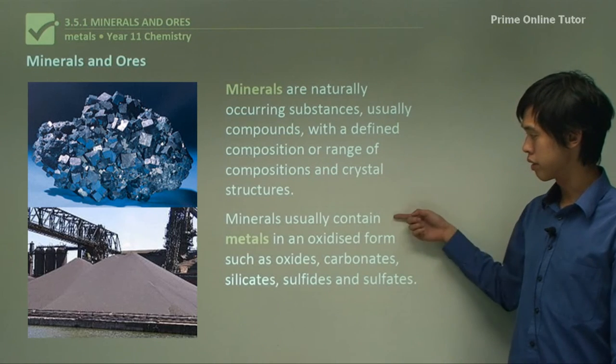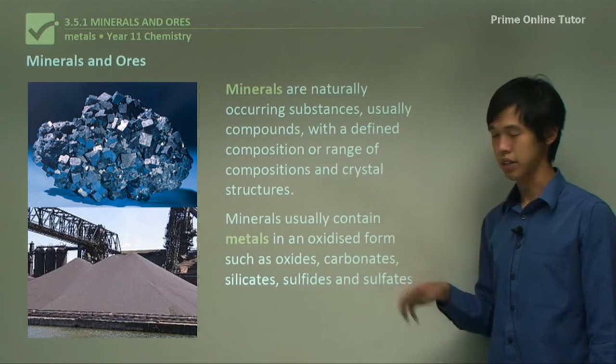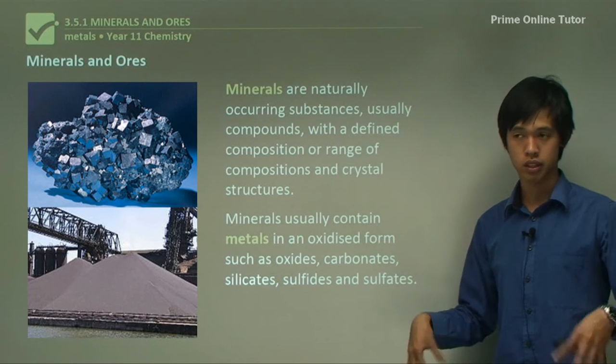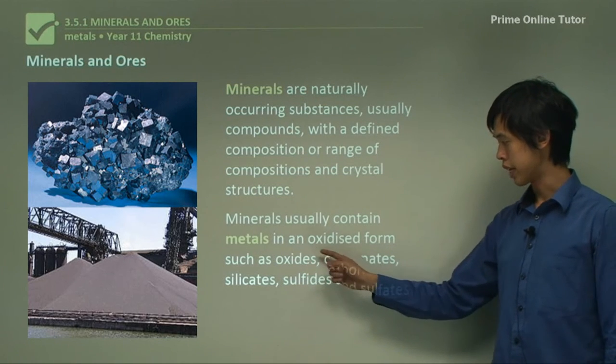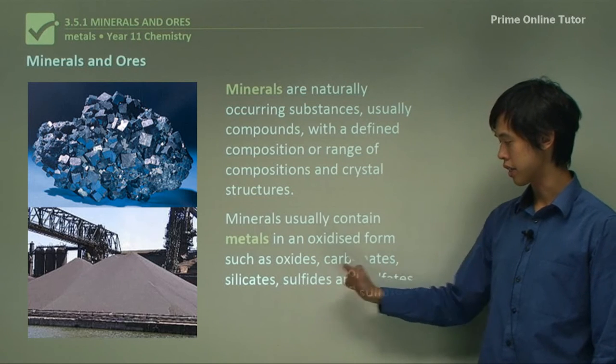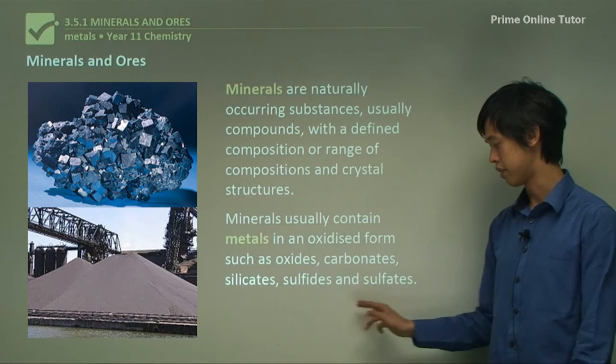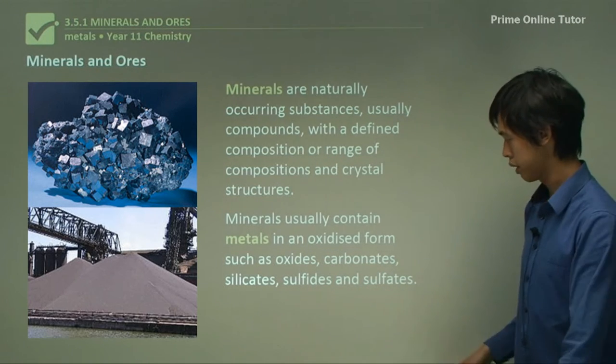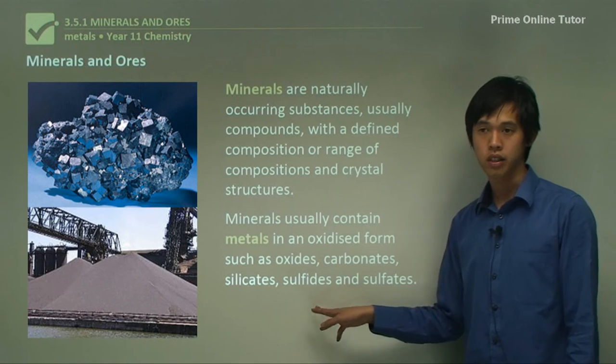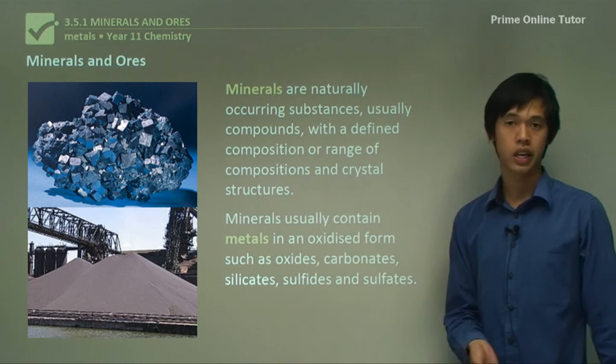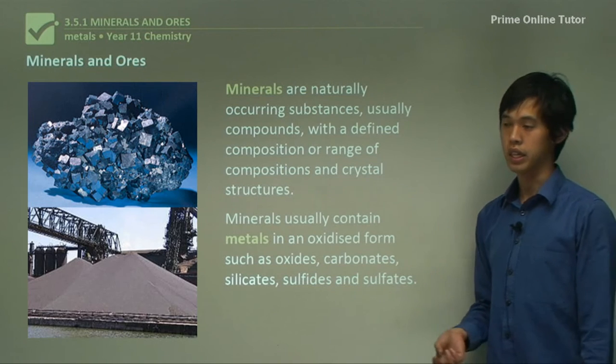Minerals usually contain metals, which is why we're talking about them, because they usually contain metals in an oxidized form, such as oxides, carbonates, silicates, sulfides, and sulfates. Iron sulfide is one mineral, and it's what we call fool's gold.